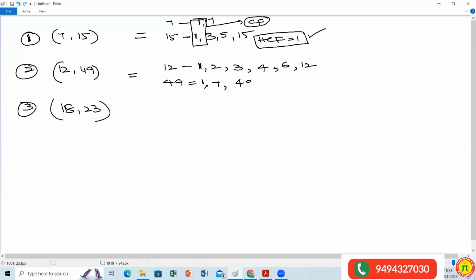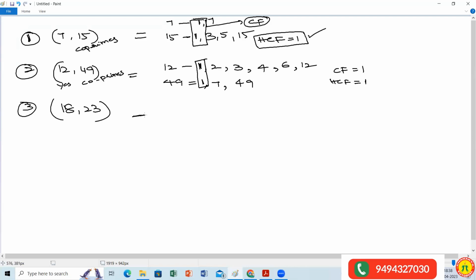And the last number is 49. So what is the common factor for 12 and 49? 1. The highest common factor is also 1. Can we call this pair co-primes? Yes, ma'am, they are co-primes.